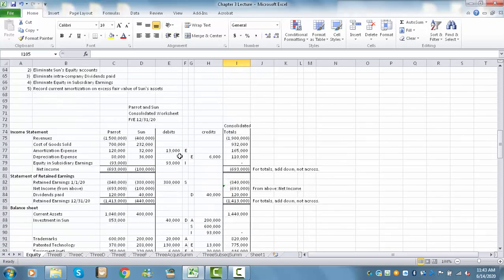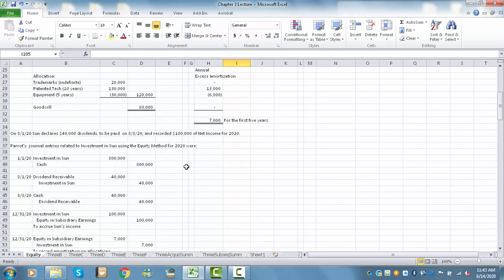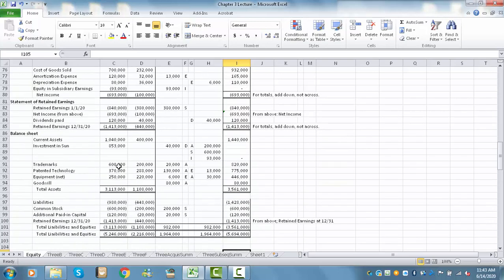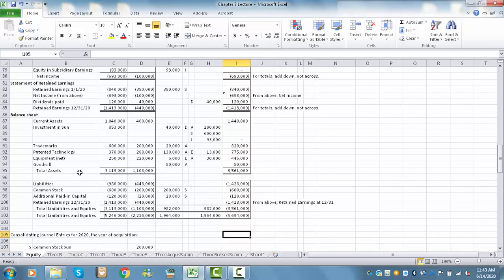And then we remember that, in fact, we also had $80,000 in goodwill that doesn't appear in either of these financial statements, but actually exists. So we want to put in goodwill here. So there's our entries for these four guys, and 1, 2, 3, 4. And the balancing account is, again, take it out of investment in Sun.